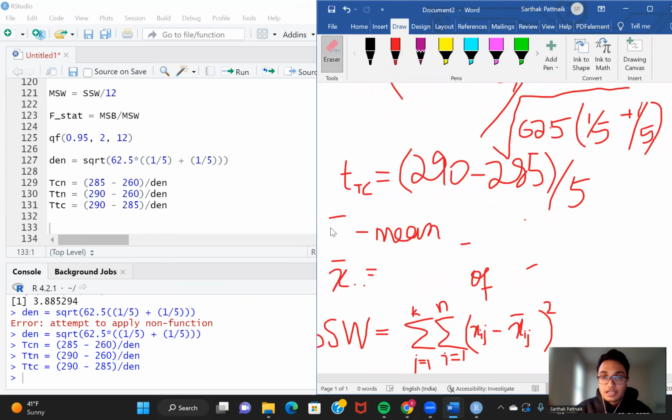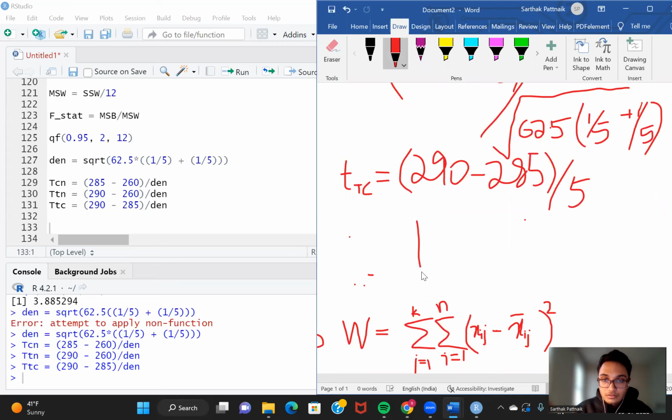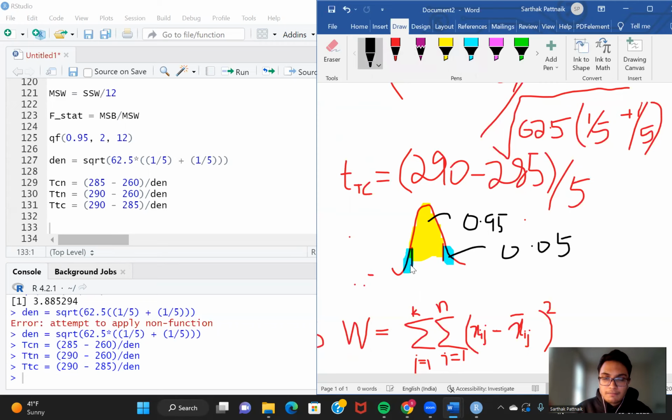As discussed in the past innumerable times, the area in the middle is 0.95, and the two tails are 0.025 and 0.025, because the combined area is 0.05.